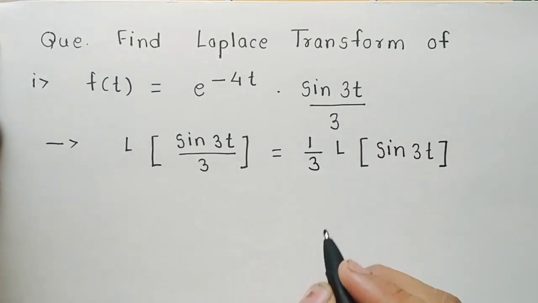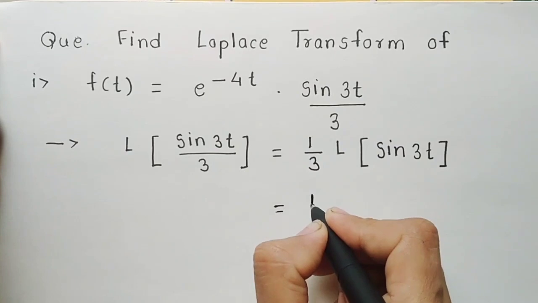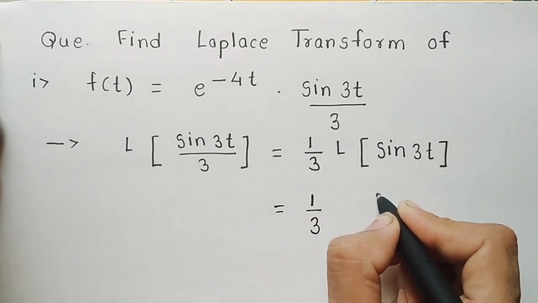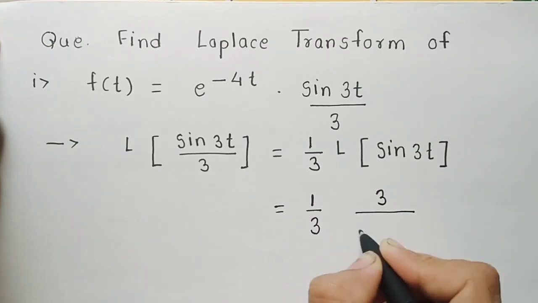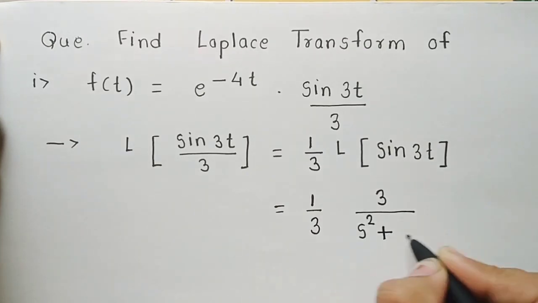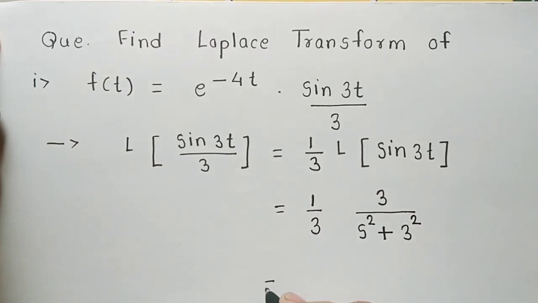Now according to the standard result of sine of at, we get the answer 1 upon 3 times a upon s square plus a square. The value of the parameter a is 3 here, so we write plus 3 square. After simplification we get the answer 1 upon s square plus 9.